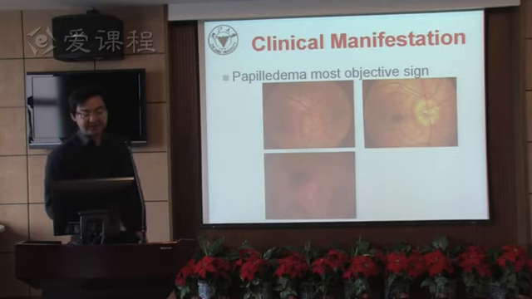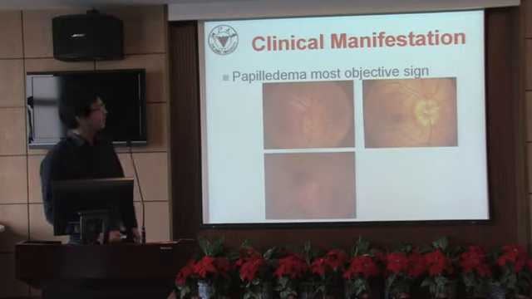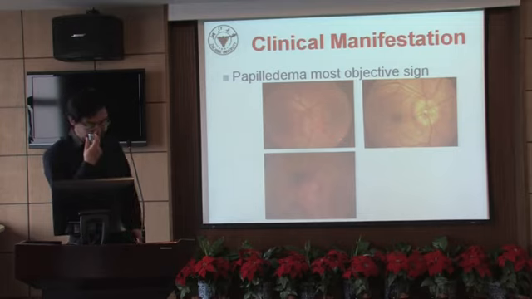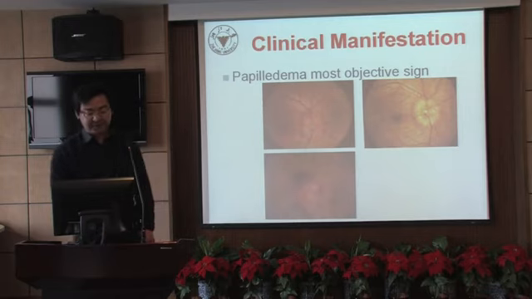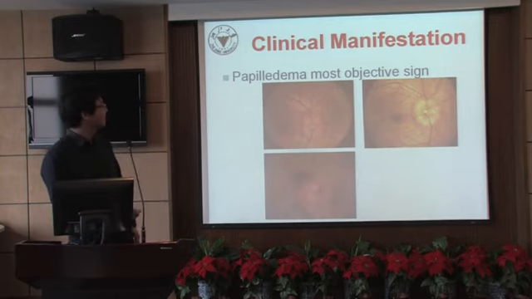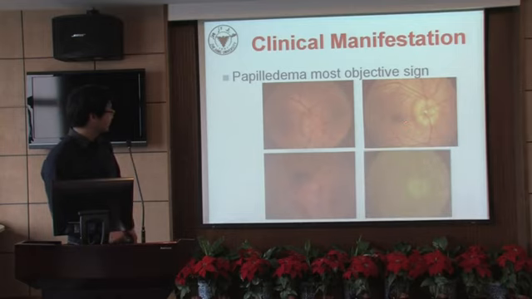But if the patient only has headache or vomiting, we cannot say this patient has intracranial hypertension. So if we find the patient with objective signs like papilledema, the patient has intracranial hypertension. From this picture, we can see papilledema right here.